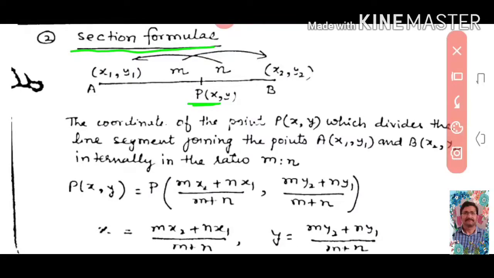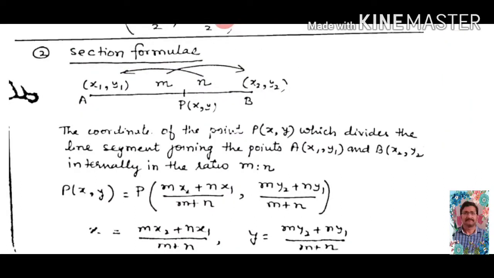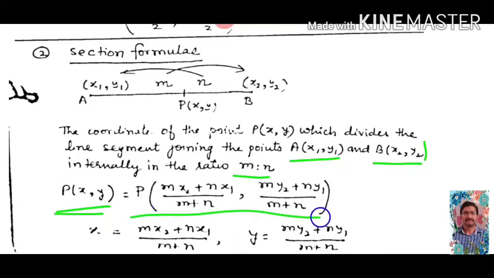Here the A point is given as x1, y1, the B point is given as x2, y2, and this point P is x, y, which divides the line segment AB in the ratio m:n. The coordinates of the point P x, y, which divides the line segment joining the points A x1, y1 and B x2, y2 internally in the ratio m:n, will be P equal to m x2 plus n x1 upon m plus n, and m y2 plus n y1 upon m plus n.